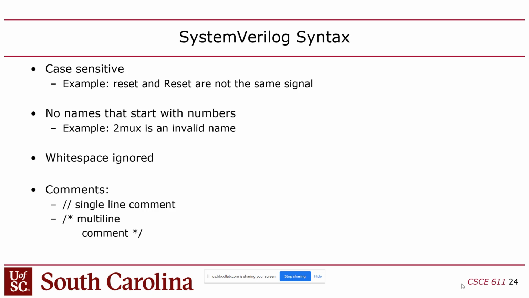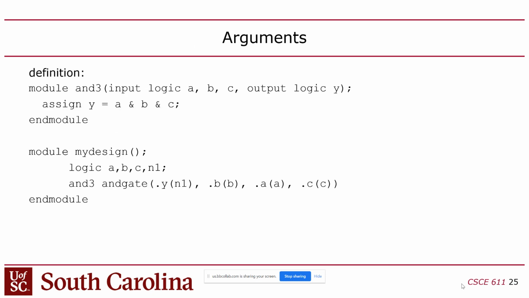No, VHDL is not. Names can't start with numbers. Well, who would ever name something that started with a number? Well, in hardware you might, because a 2-input mux, you might want to call a 2 mux, right? So it makes sense in hardware, but you've got to stay away from that. You call it mux 2 or something. White space is ignored. Comments are the same style as in C and C++ and Java.